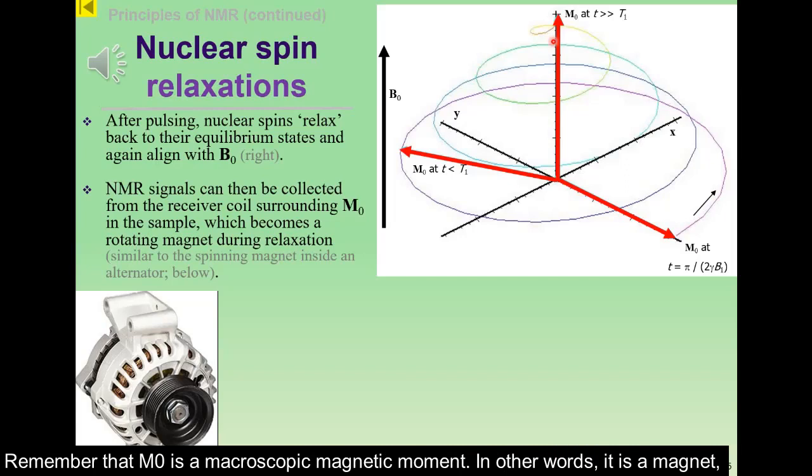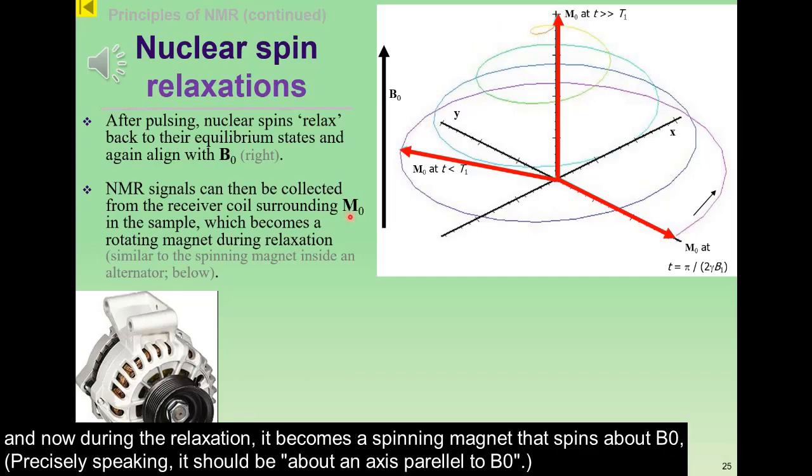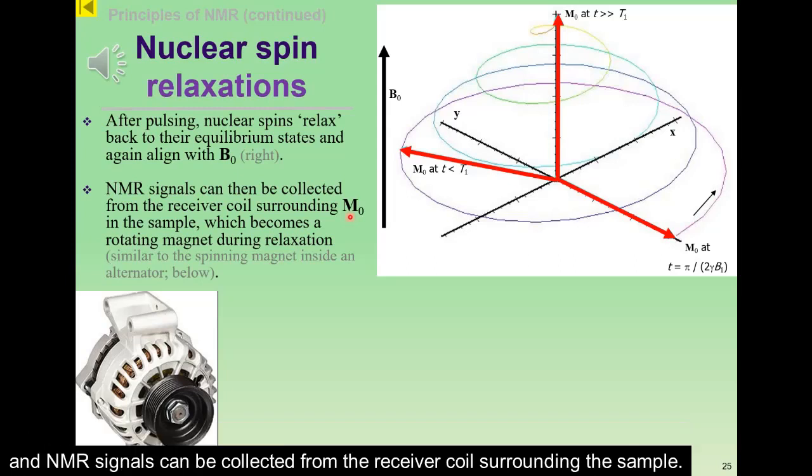Remember that M0 is a macroscopic magnetic moment. In other words, it is a magnet. And now, during the relaxation, it becomes a spinning magnet that spins about B0. NMR signals can then be collected from a receiver coil surrounding the sample.